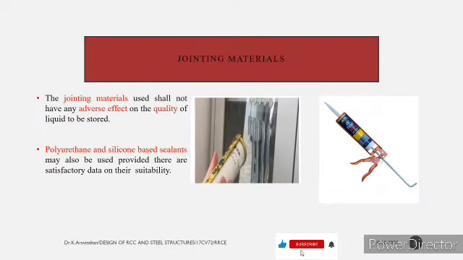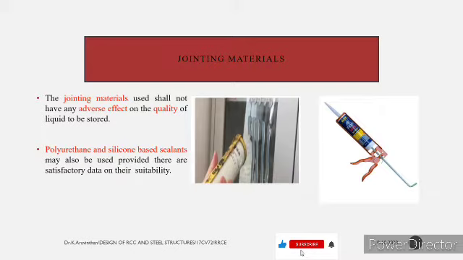Next thing is joining. While joining, what are the places where you will be finding joints? In a water tank you will be joining the base slab with the walls, and the joint between base and the walls will be covered with jointing materials, and joining of roof and wall, and in between that if you have a larger structure you will have a construction joint.